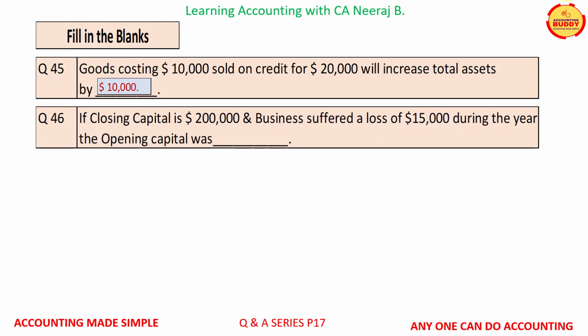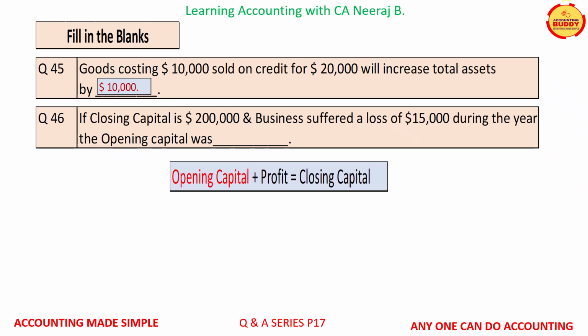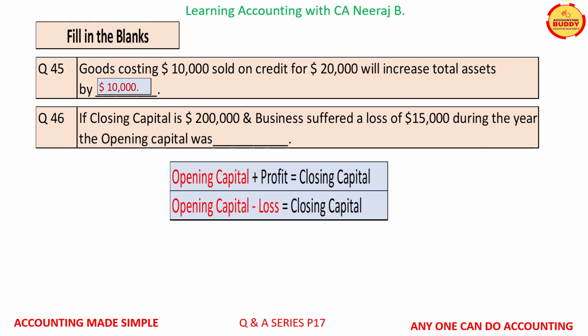Question number 46 on your screens is if closing capital is $200,000 and the business suffered a loss of $15,000 during the year, the opening capital was dash. Now let us analyze this transaction. We know that opening capital plus profit is equal to closing capital, or in other words, opening capital minus loss is also equal to closing capital.